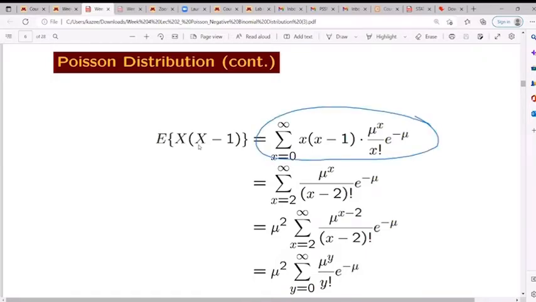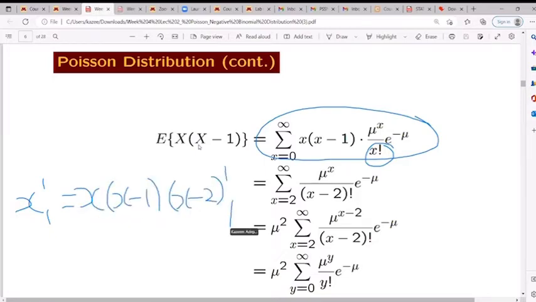The next thing we're going to do: if we have x into x minus 1, take a look at this x factorial. How can we rewrite x factorial? It's the same as x into x minus 1 into x minus 2 factorial.